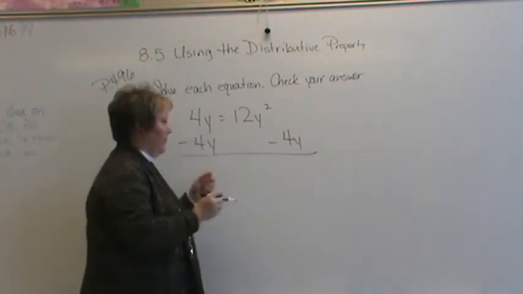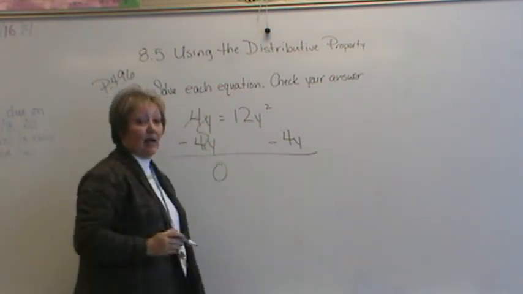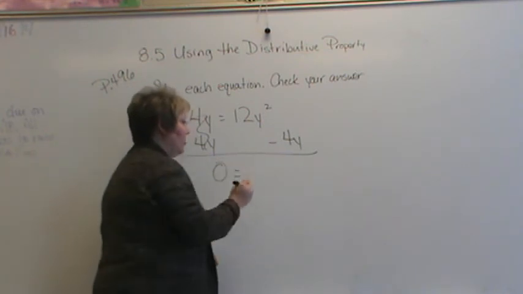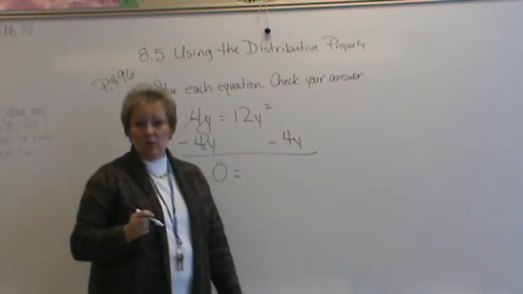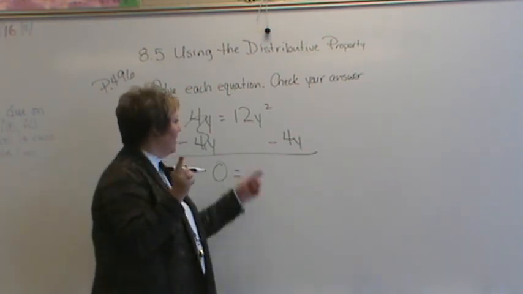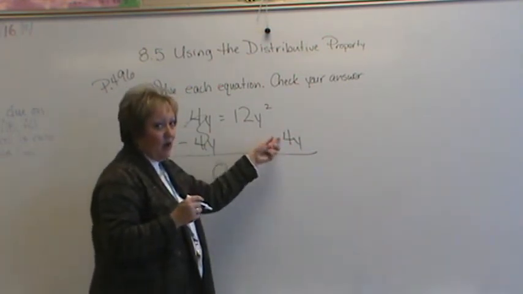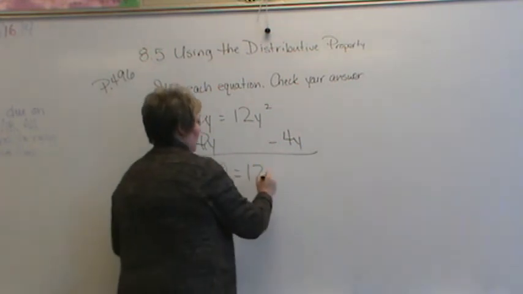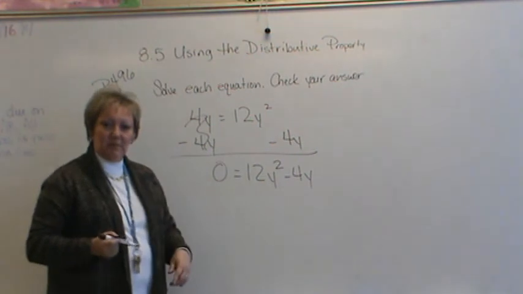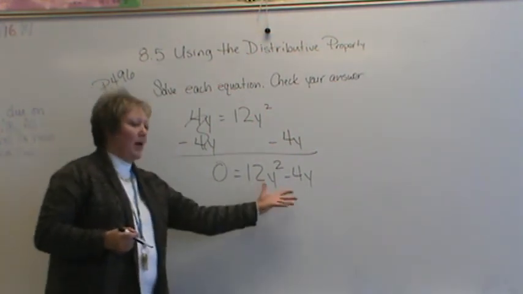What happens here? It adds out to be 0. What happens here? Is the answer to that 8y squared? No, it's not, and you know it's not, because these aren't like terms. I keep both terms.